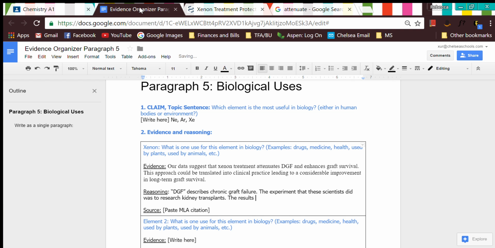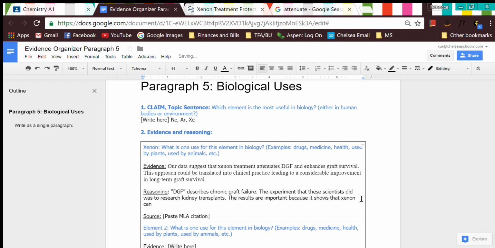The results are important because it shows that xenon can improve how long a kidney transplant lasts.